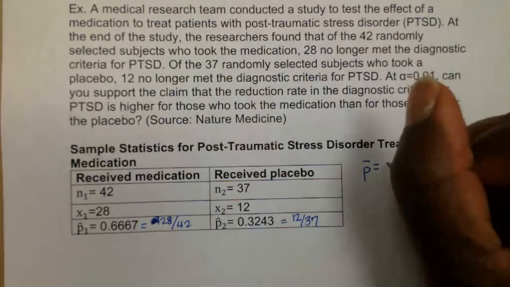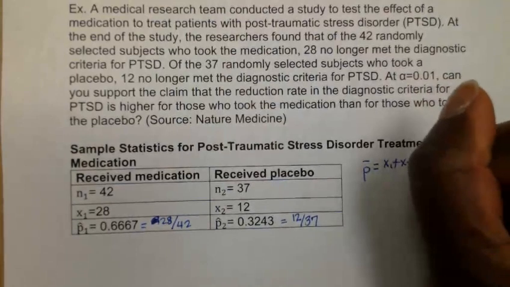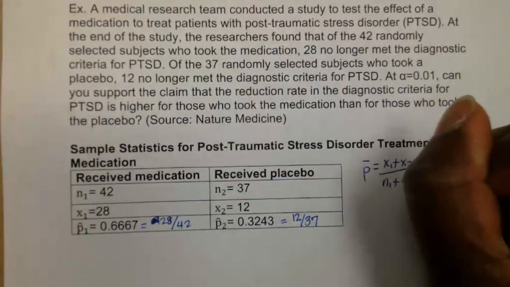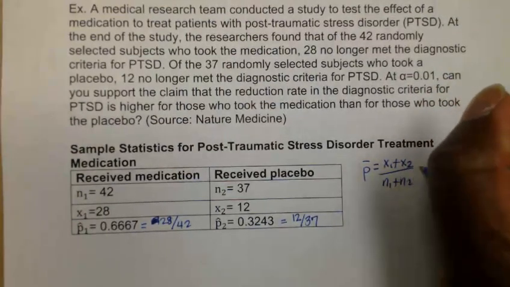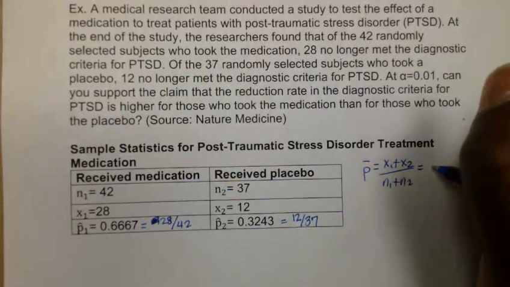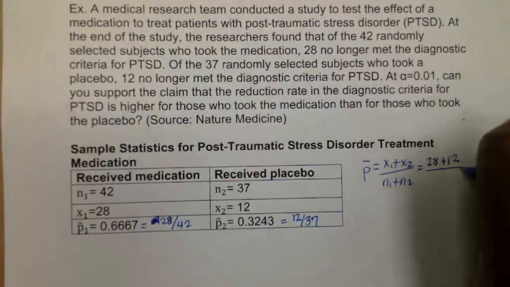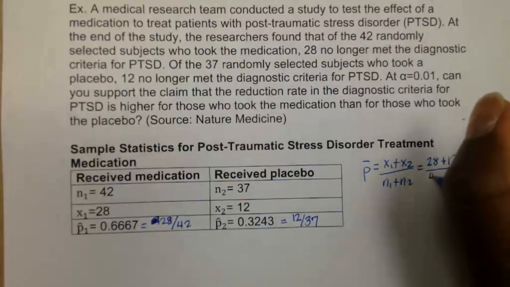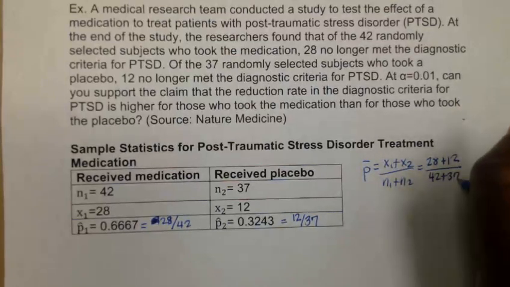All right, so that's X1 plus X2 over N1 plus N2. Again, this is for using the formula. So 28 plus 12 over 42 plus 37.